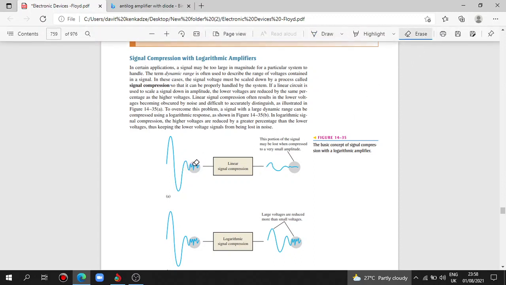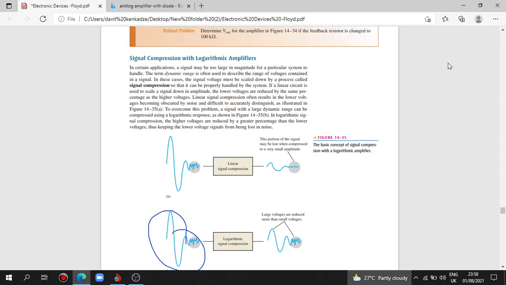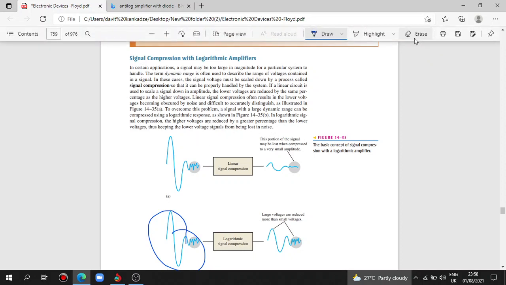It shrinks a lot. To overcome this problem, the signal can be compressed with a logarithmic response. Okay, we can compress only high amplitudes. High voltages are reduced by a greater percentage. Nice.